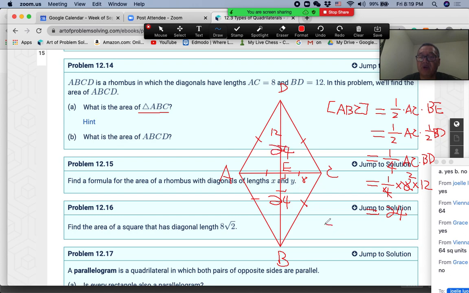By this way, we can get the area of rhombus ABCD equals 48. So this 48 actually equals 1/2 times AC times BD. So AC equals 8, BD equals 12, times together, then divided by 2. You get this one also equals 48, right?